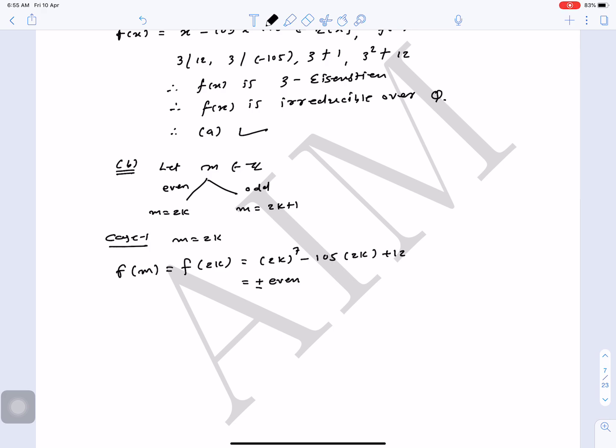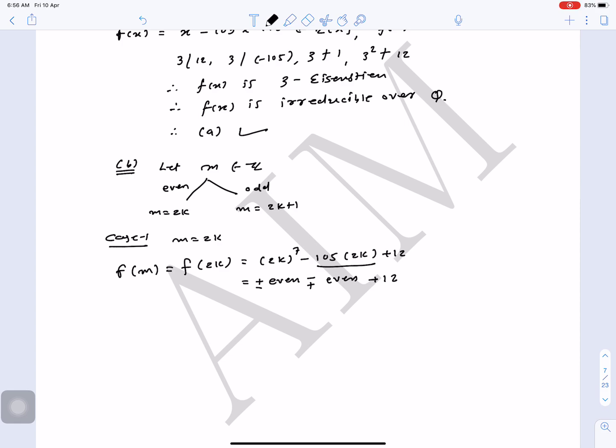Similarly here, 105 times 2k is always an even number, but if k is positive, then minus plus minus is minus, and if k is negative, then minus minus is plus, but ultimately this quantity is even, and plus 12.